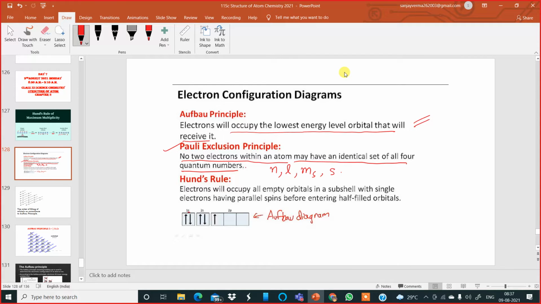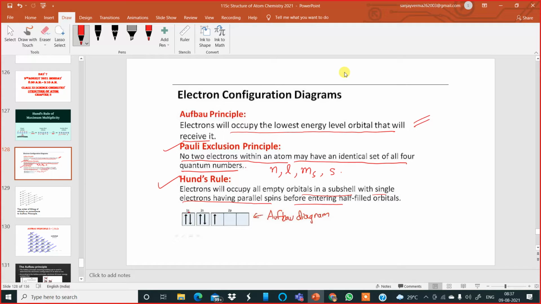Then after that we have Hund's rule, which I stated just now. Hund's rule is also called Hund's rule of maximum multiplicity. Under this rule, electrons will occupy all empty orbitals in a subshell, with single electrons having parallel spin, before pairing in half-filled orbitals.